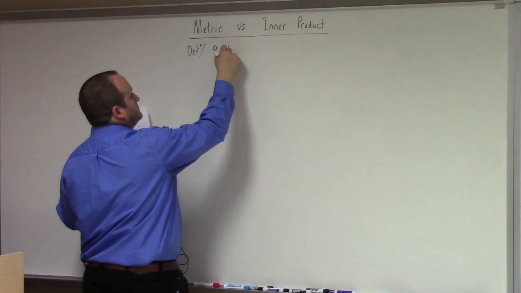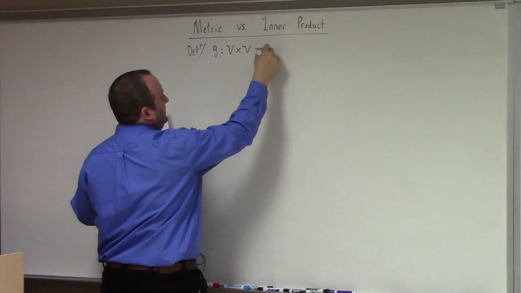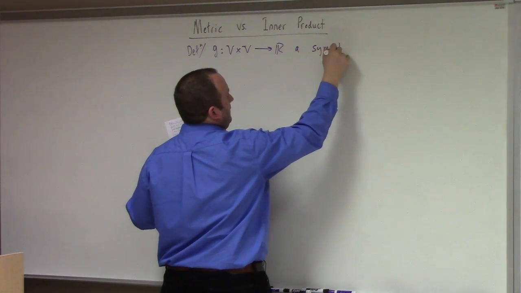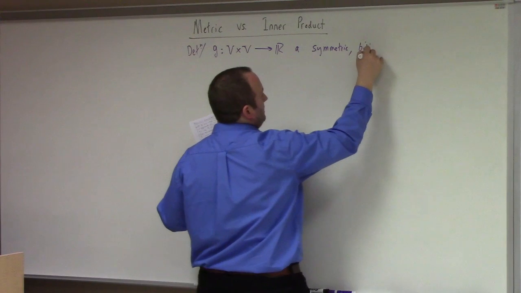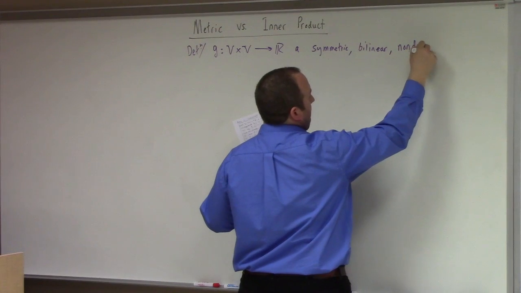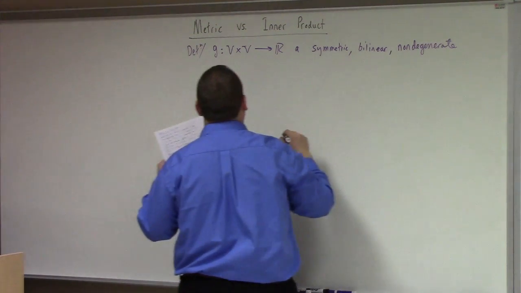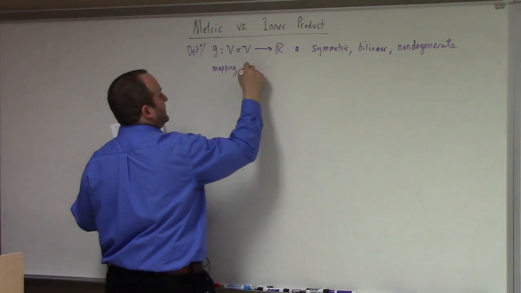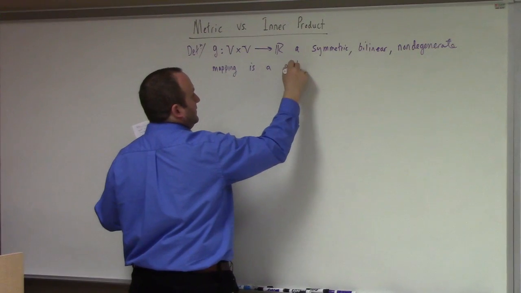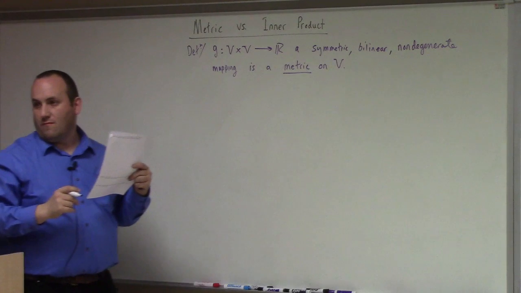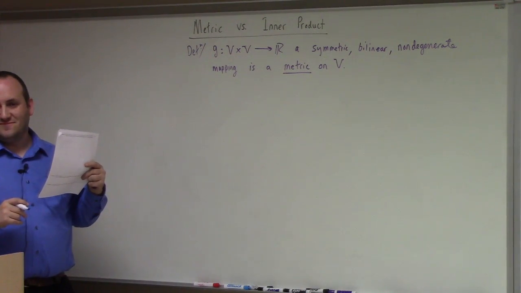G from V cross V to the reals, a symmetric bilinear non-degenerate mapping is a metric on V. Okay.